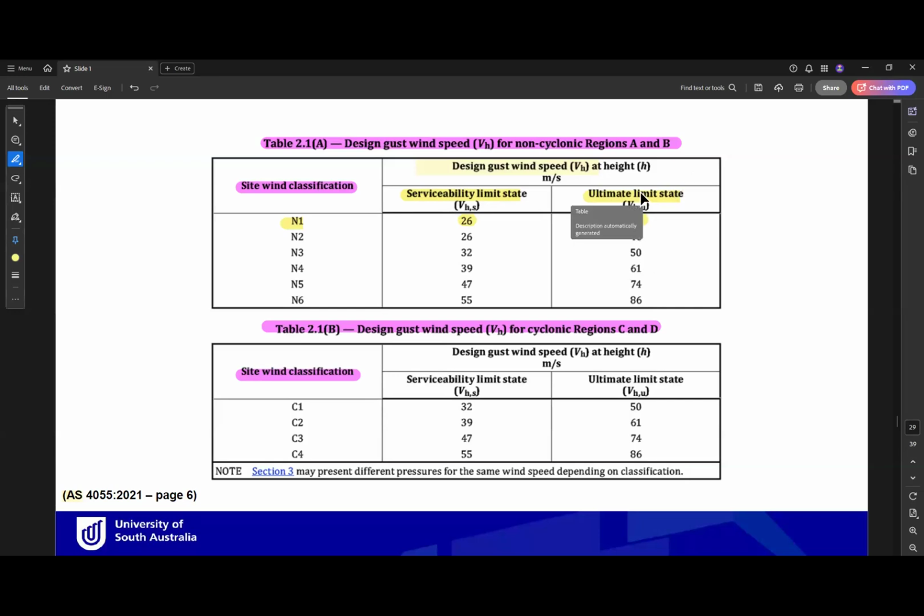Ultimate means we are designing the structure for failure. Serviceability is used when we design for deflection or we are checking the deflection. In your project, you need to find the two values, 26 and 34. So these two values are required in the assessment or in the project.